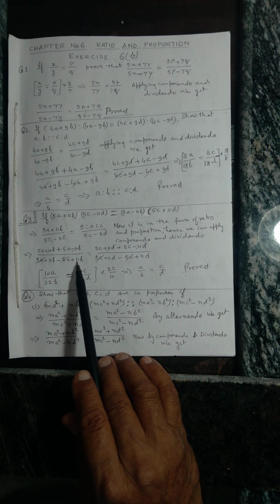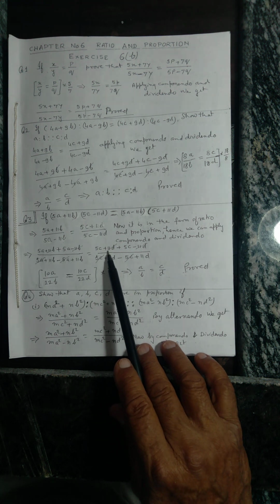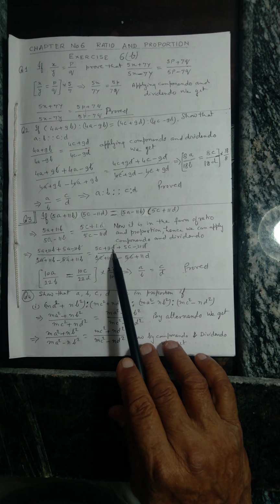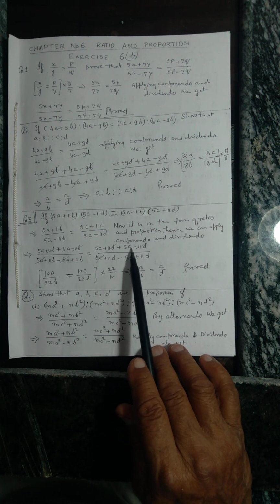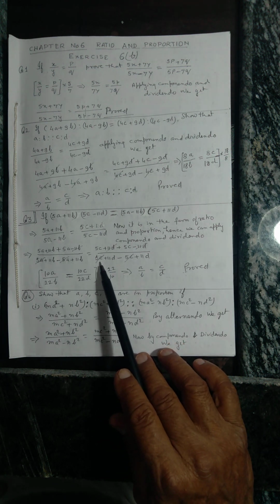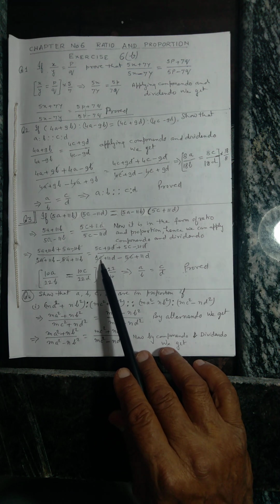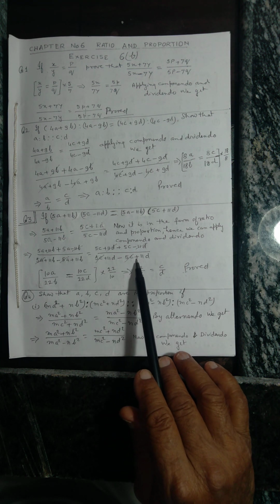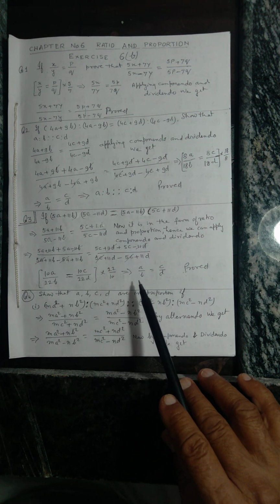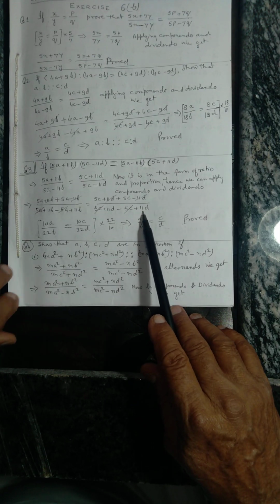minus denominator part. You see similarly on the right hand side also, numerator part means 5c plus 11d plus 5c minus 11d, means numerator plus denominator. In the denominator part, numerator minus denominator, that is 5c plus 11d minus 5c plus 11d.